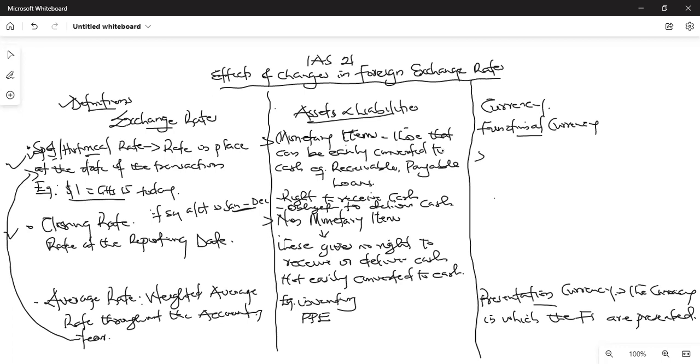Now, the functional currency is the currency of the primary economic environment in which the entity operates.